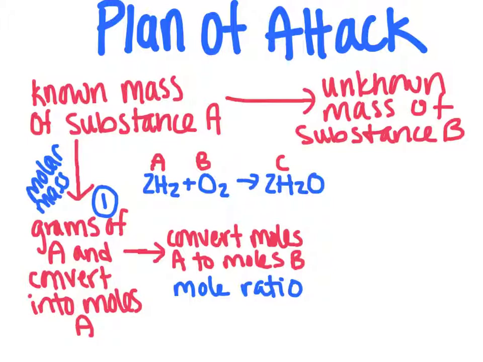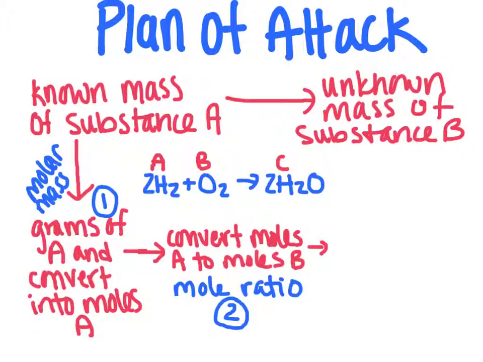I'm going to show you how to do all this, but I hope you're writing this down because this is our plan of attack. In step 2, that's the one I already wrote. It's actually the most important step. We just can't measure it, so we need these steps before and after. We're going to use our mole ratio and can convert from moles of one substance into moles of another substance.